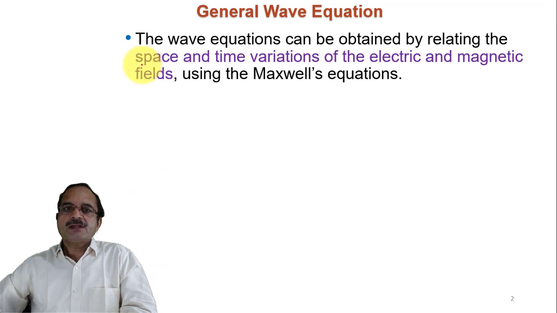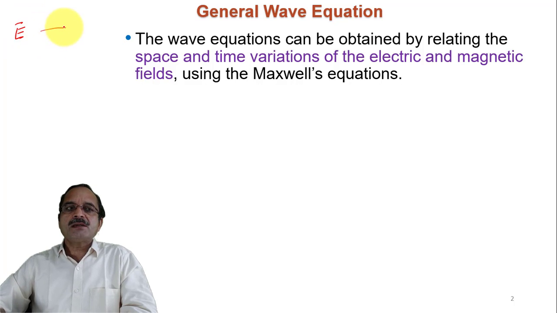These wave equations can be obtained by relating the space and time variations of the electric and magnetic fields. As we have seen, Maxwell's equations give us how the electric fields and magnetic fields are related to each other, because the electromagnetic wave consists of electric fields as well as magnetic fields.